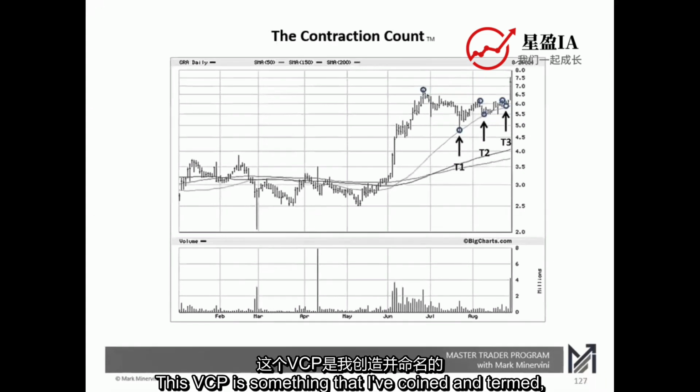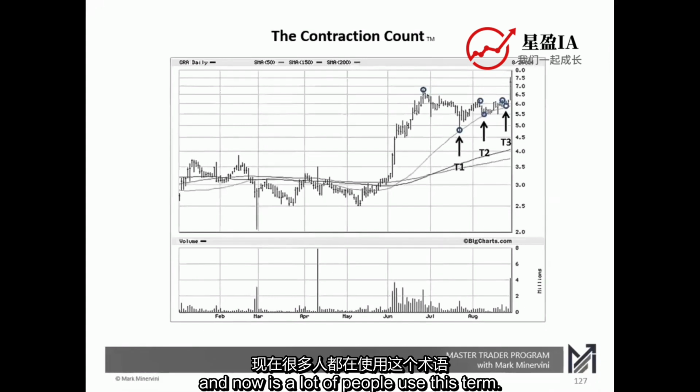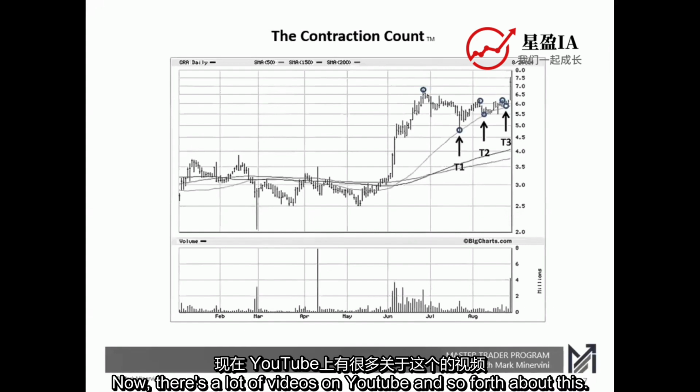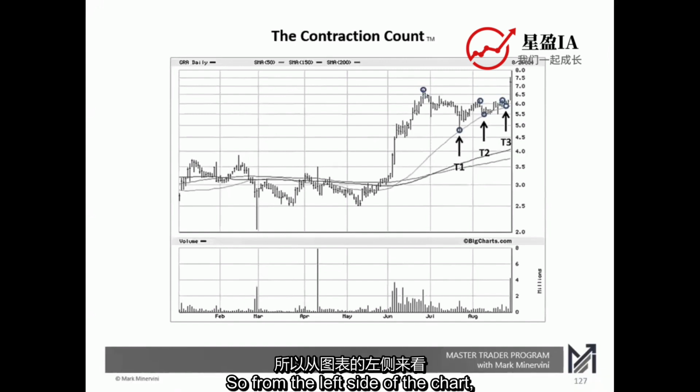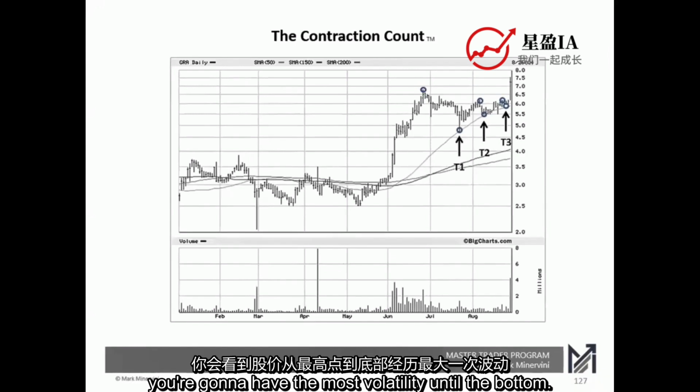This VCP is something that I've coined and termed, and now a lot of people use this term. There are a lot of videos on YouTube and so forth about this. Basically, it's simply the price volatility getting less and less from left to right. From the left side of the chart, you're going to have the most volatility until the bottom.